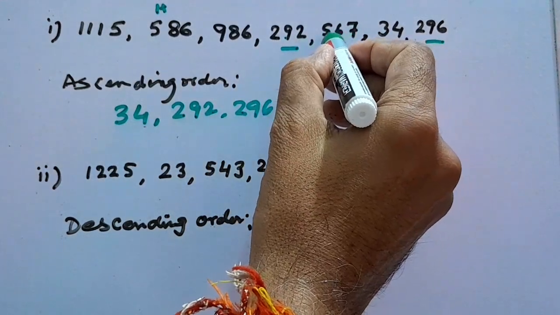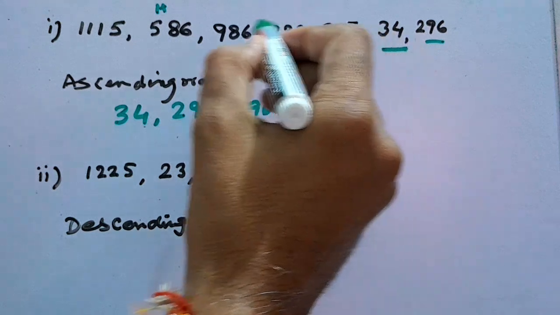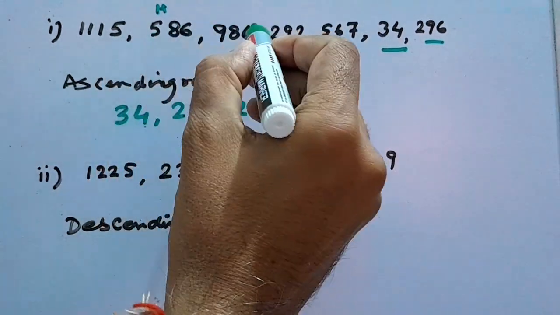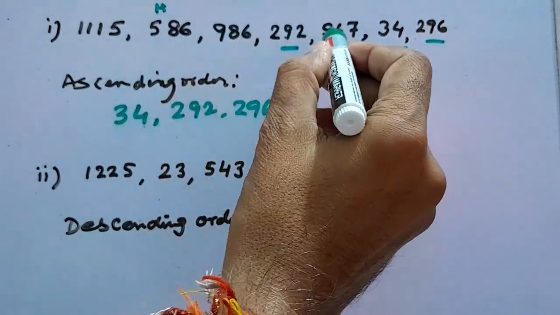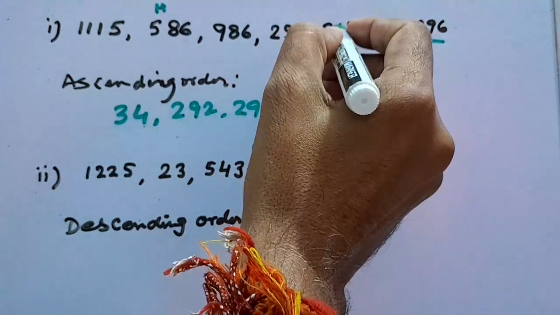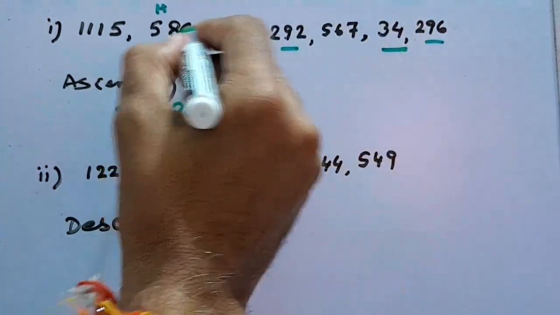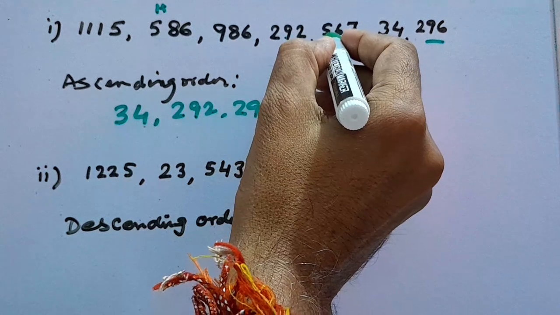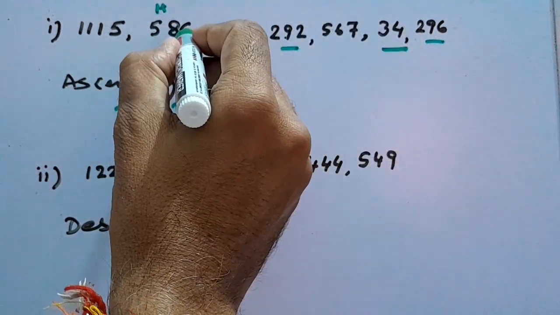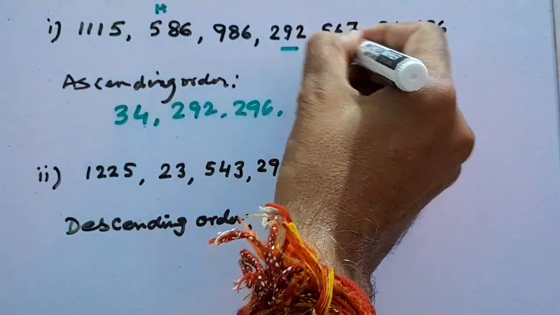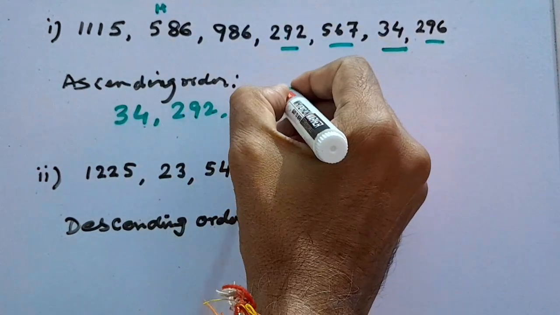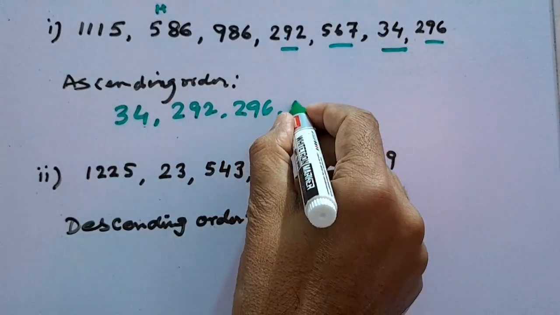Now here the 100 place is 5, here it is 5 and here 9. So first we'll take the 500 numbers. So here 567, here 586. So 567 is the smallest number out of these two. So 567.